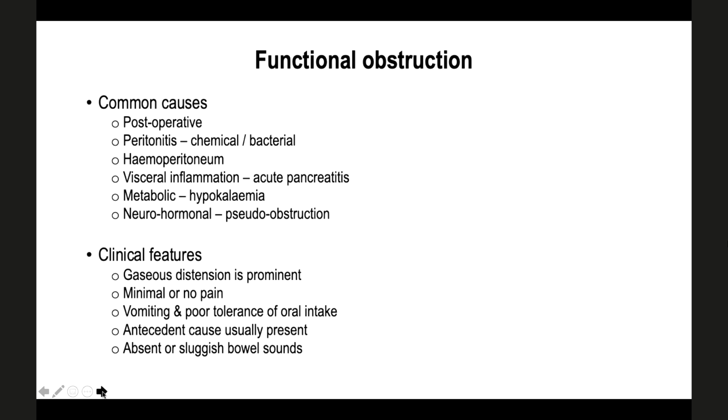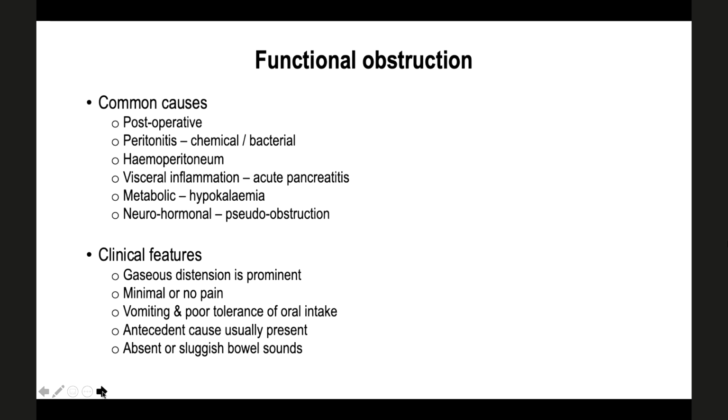Then the other things that you see here: peritonitis, either chemical or bacterial peritonitis, if there is blood inside the peritoneal cavity, if there are inflammatory processes going on in the abdomen, like for instance acute pancreatitis, all these are like insults. The bowel doesn't like all this. It doesn't like foreign substances. It doesn't like inflammation taking place there, and it goes again on strike and it doesn't function.